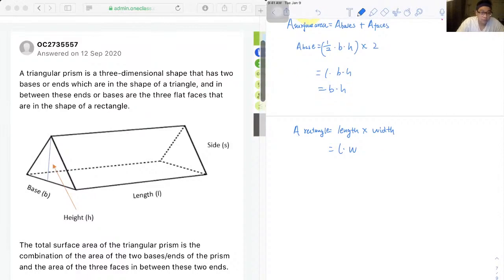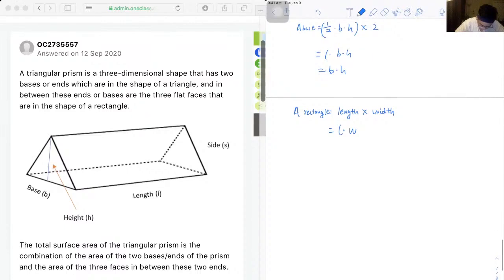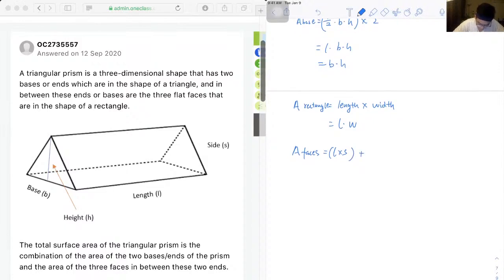And for the triangular prism, the width of the two side faces is equal to the side of the triangular ends, and the width of the face at the bottom of the prism is equal to the base b of the triangular ends. So hence, the area of the faces should be, let's write it here, A faces is equal to L times S plus L times S plus L times B, right?